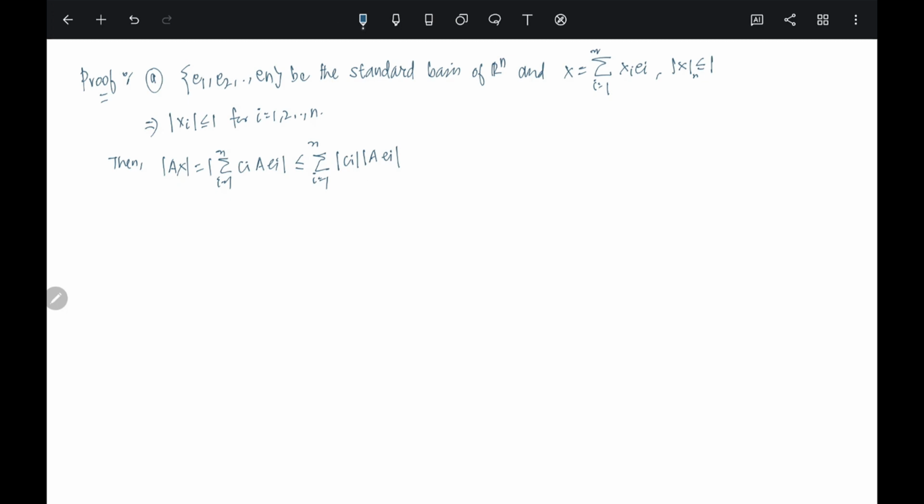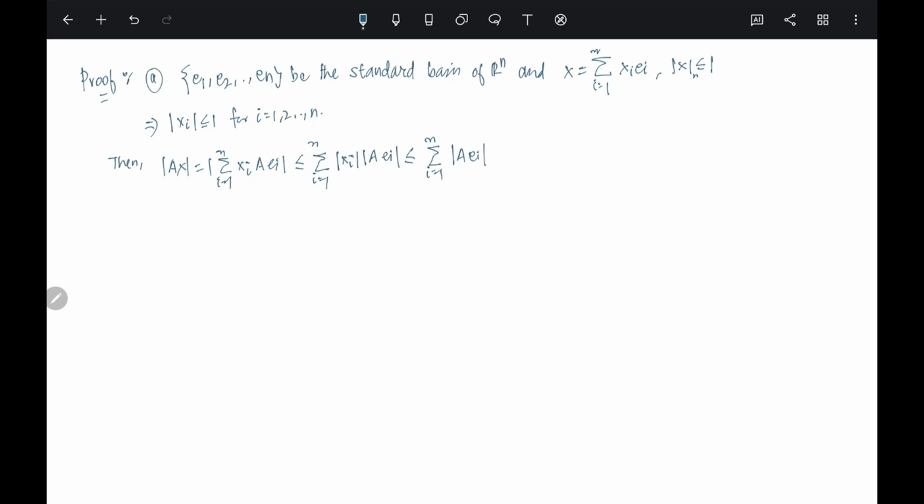Now how can we do it? This is again dominated by the summation of norm of A ei. Why? Because each term is xi times ei, and since each xi is less than or equal to 1, this is less than or equal to A of ei.